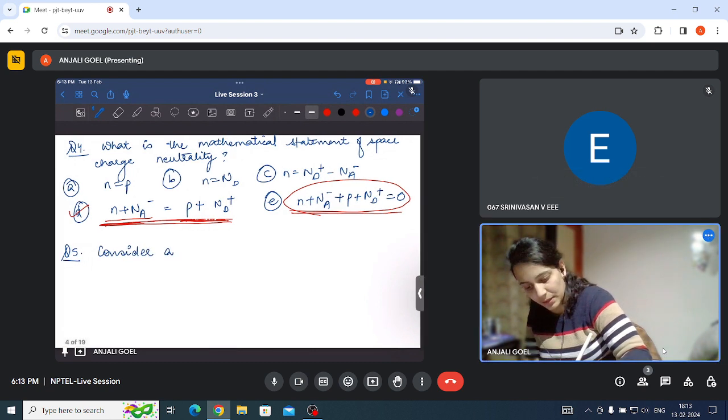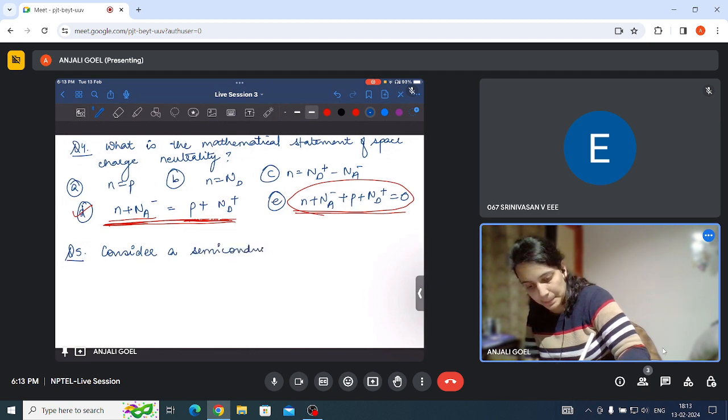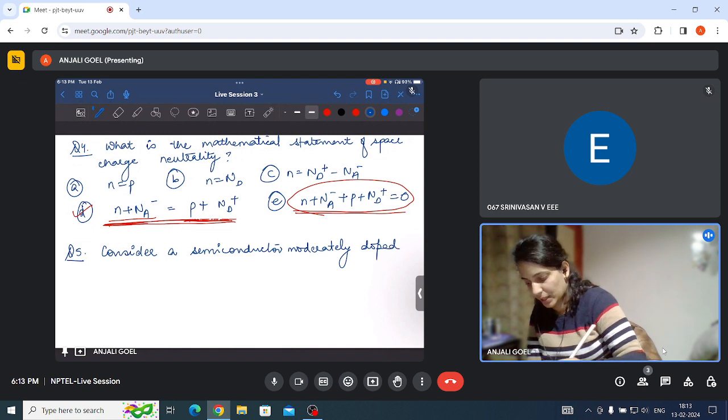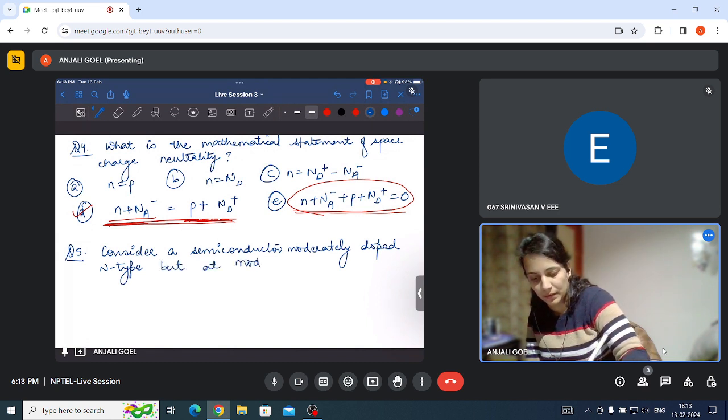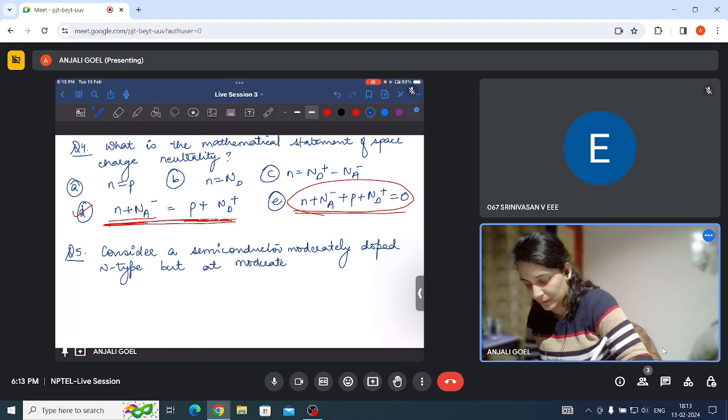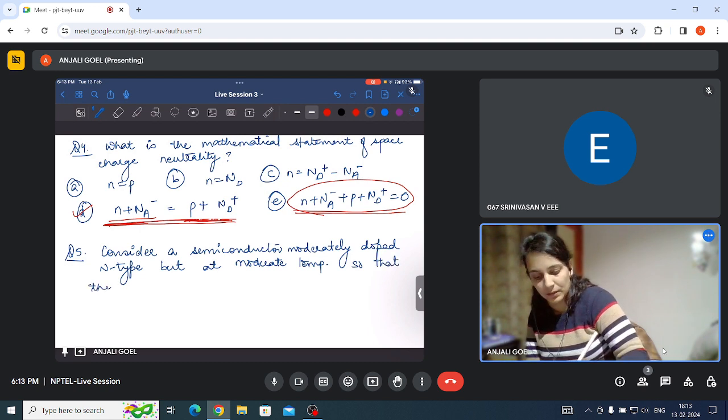Consider a moderately doped N type semiconductor, but at moderate temperature so that the dopants are fully ionized.